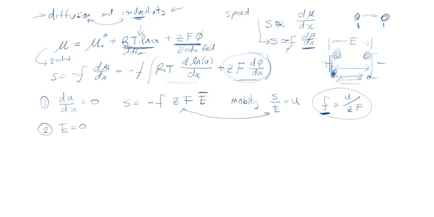Now let's think of the second situation, when the electric field is 0. That means that you've only got the diffusion part of this. In that case S is equal to this first bit here, which is negative FRT over the natural log of A, dx. Now if you take the integral of 1 over A, you're going to get the natural log.